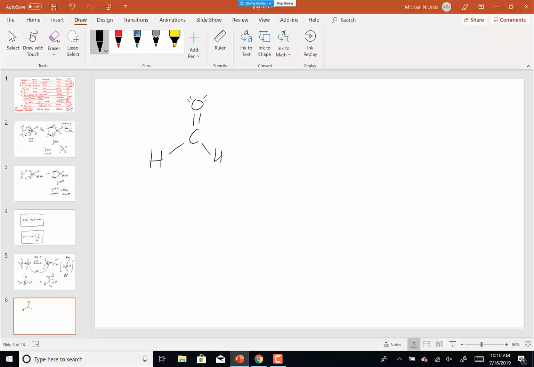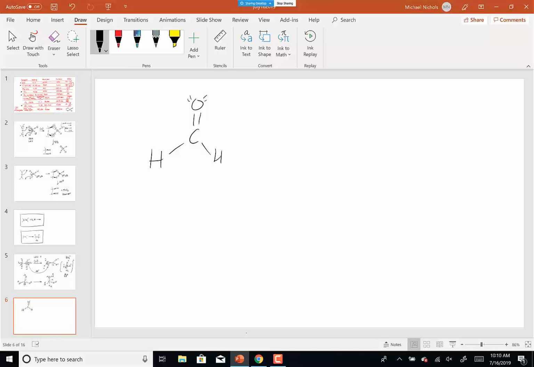Does it have something to do with the fact that there's 2 bonds? Yes, it does. So that means that each one of those bonds, the oxygen is getting a -1. So there's 2 bonds at -1 each.